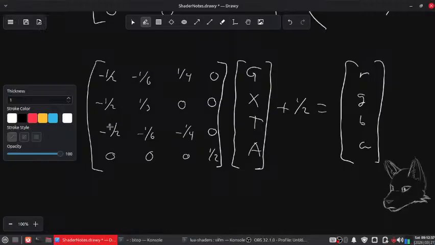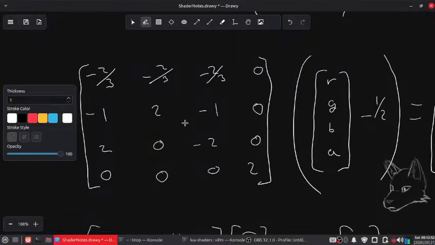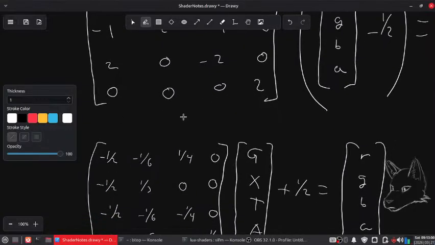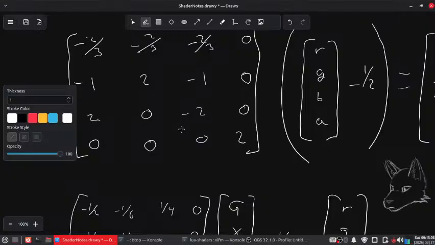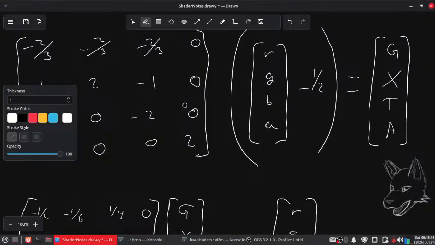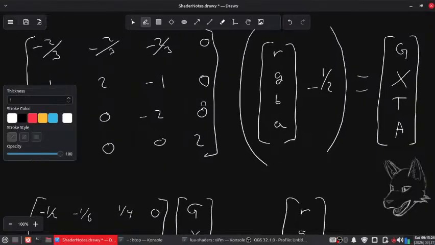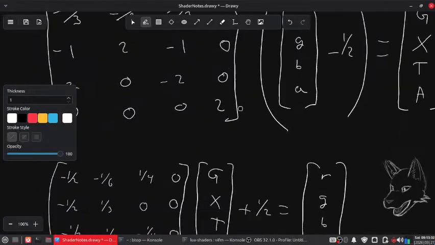Pure gradient. Oh. No wonder. The whole thing. So does the whole thing need to be divided by 2?